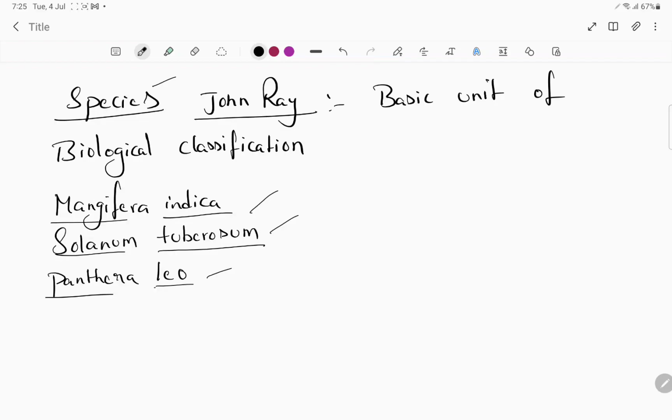Solanum includes Solanum nigrum and Solanum melongena. Human beings belong to the species sapiens, included under the genus Homo. So the scientific name of human beings is written as Homo sapiens.